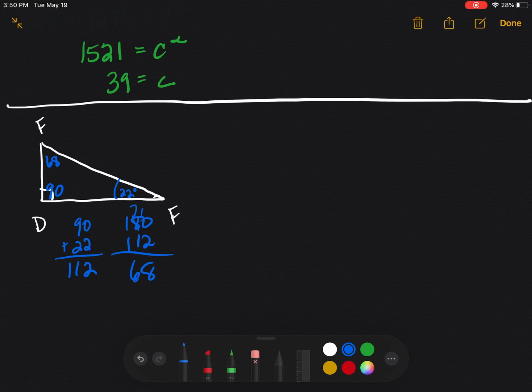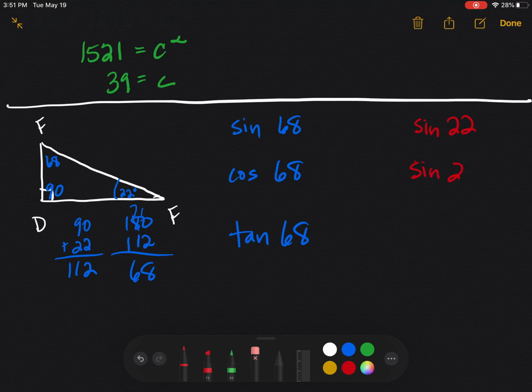So if they're asking me for sine, cosine, and tangent of each of the acute angles, that means they're asking me for the trig values for 68 degrees, and they're asking me for the trig values for 22 degrees.